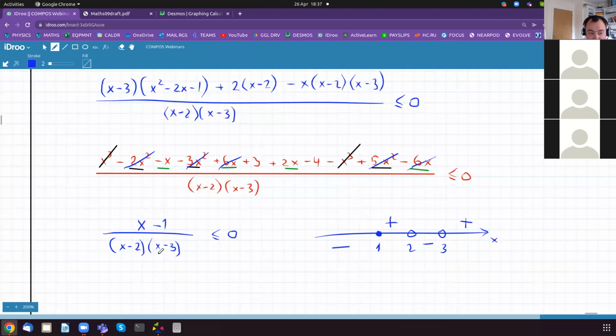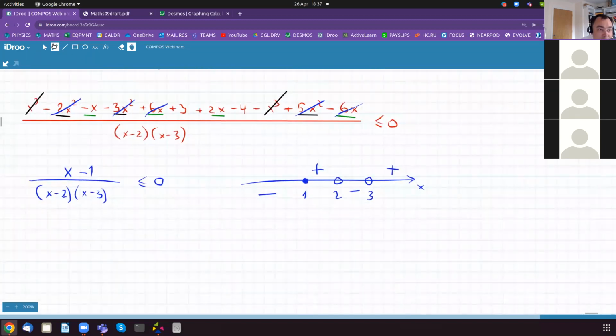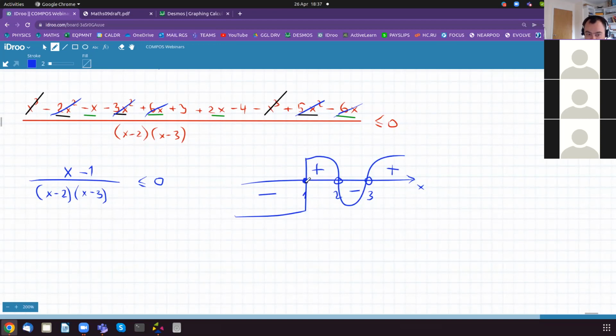There are no surprises here because there are no squares, no quadratic terms, so it's just like that. So it's going to be positive, negative, positive, and then square bracket. We draw a right angle here to indicate that this one is included. So we are interested in the negative values, so we just shade where the function is negative.